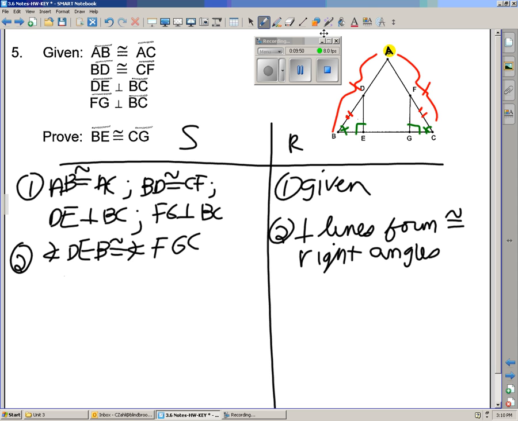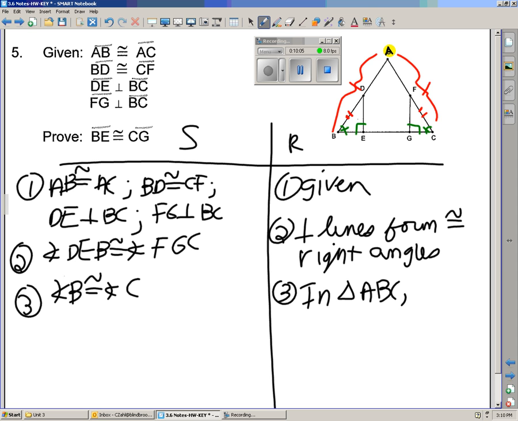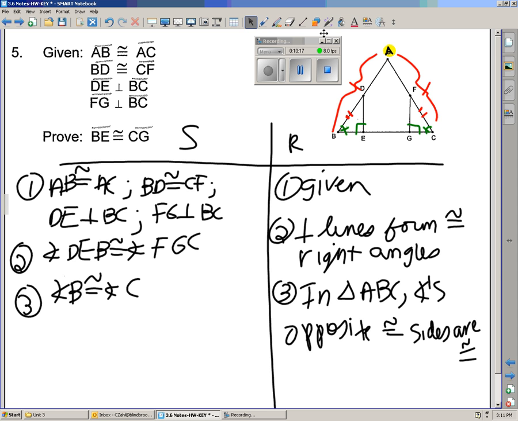So that would be angle B is congruent to angle C, because in triangle ABC, angles opposite congruent sides are congruent. Now we've got those small triangles congruent because of AAS, and then we're going to go for a CPCTC.